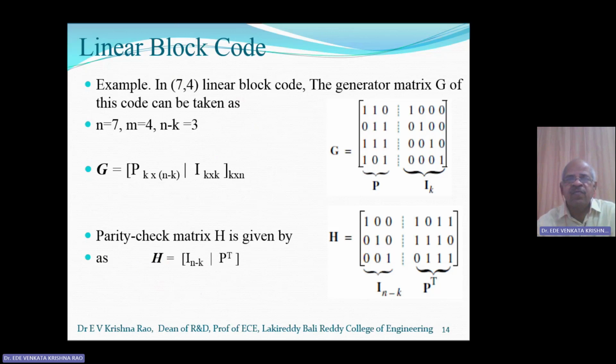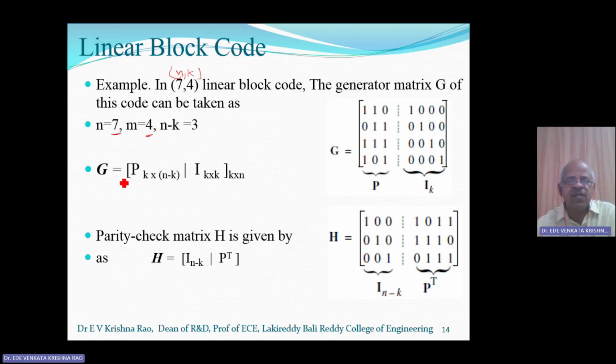As an example, a (7,4) code word is generated. That is, n equals 7 and k equals 4, that is (n, k). So n minus k is 3 parity bits. These are the parity bits, message bits, and code word length.